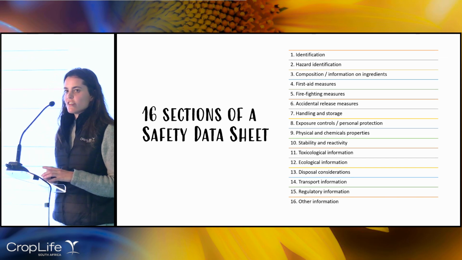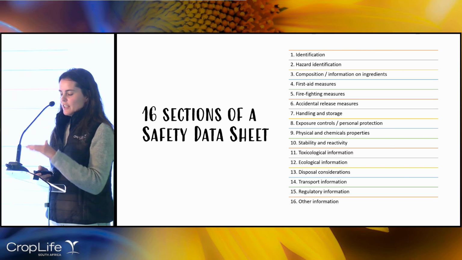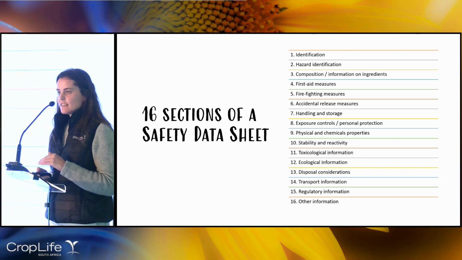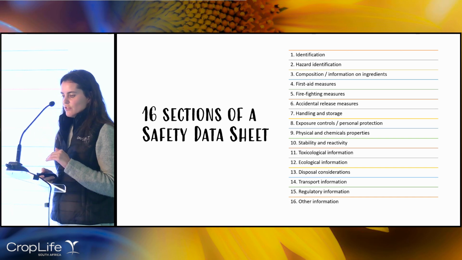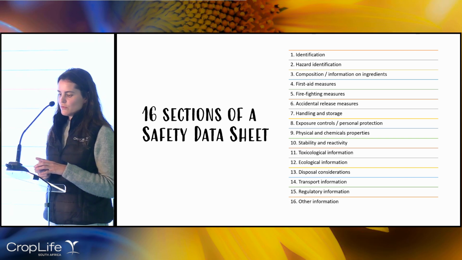All of the GHS SDSs will have exactly the same layout, and they have 16 sections, so you can easily find exactly the section with the information that you need. Section 2 is the hazard identification, and that's where your hazard classification information will be.